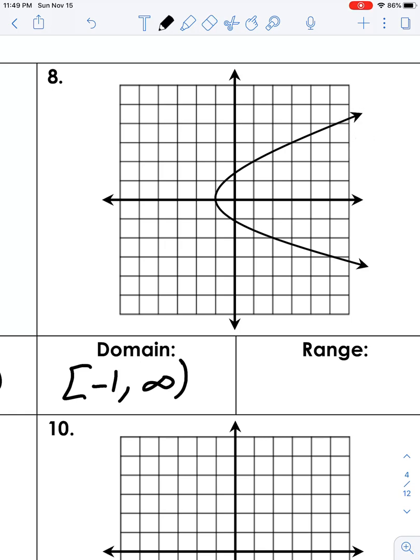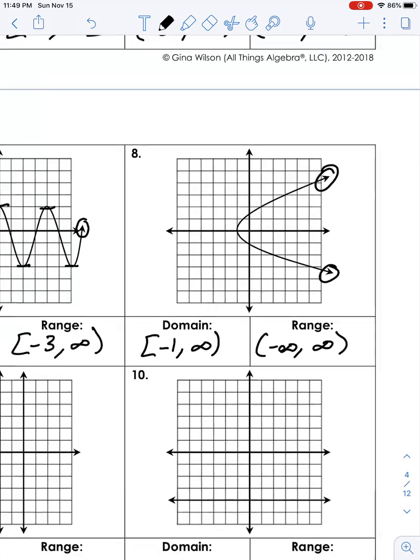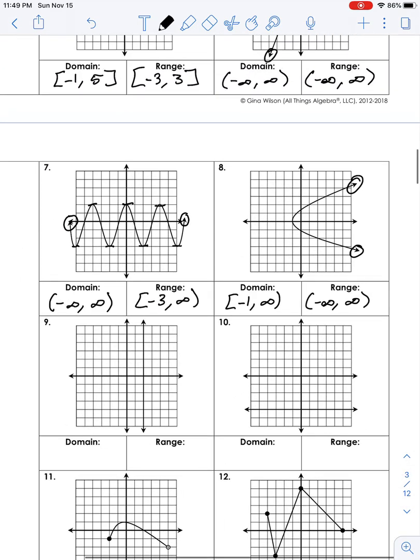All right. Range, low to high. This one's pretty simple. That arrow is going down forever, so negative infinity. That arrow is going up forever, so positive infinity. And that would be your domain and range.